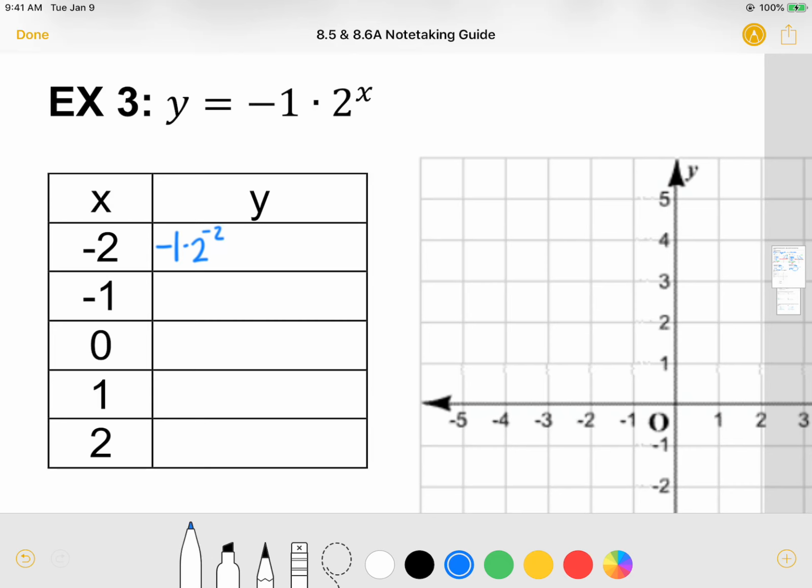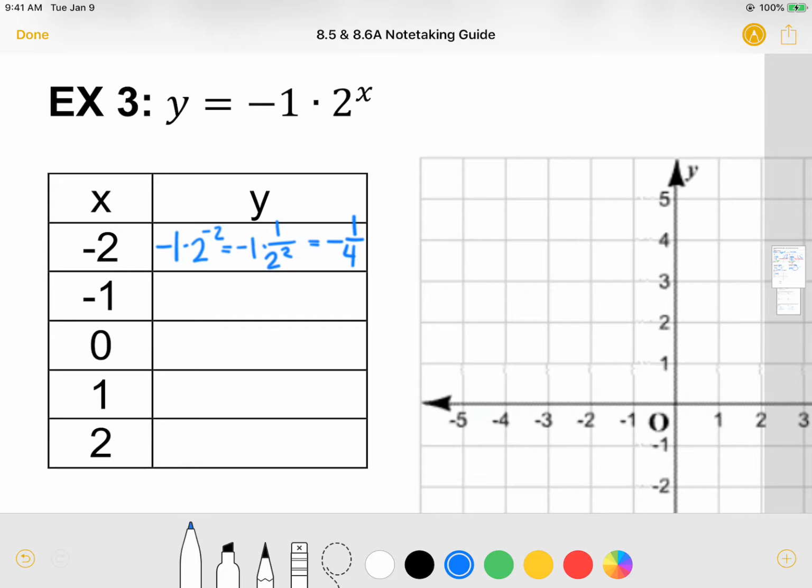Now, what this is going to give us is -1 times 1 over 2 squared. Now, you can't really see that. Let me rewrite that. 1 over 2 squared. Okay, so 1 over 2 squared is 1/4, so -1 times 1/4 is -1/4.